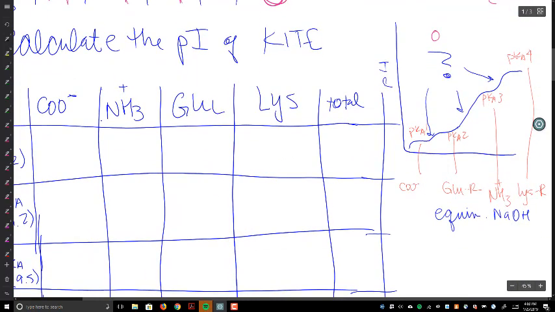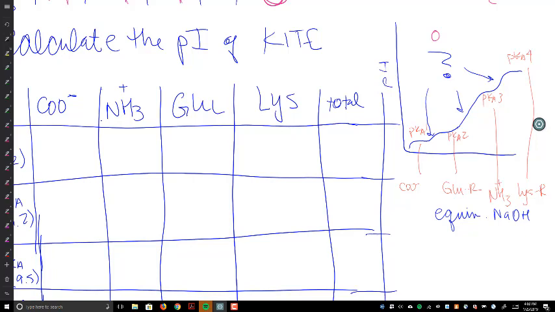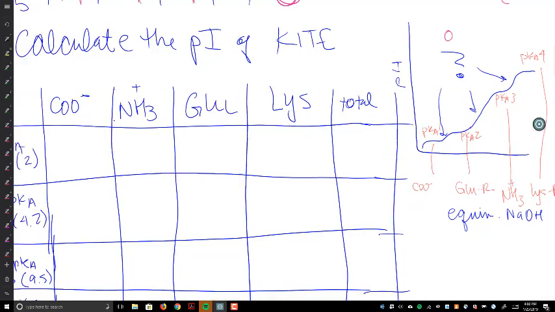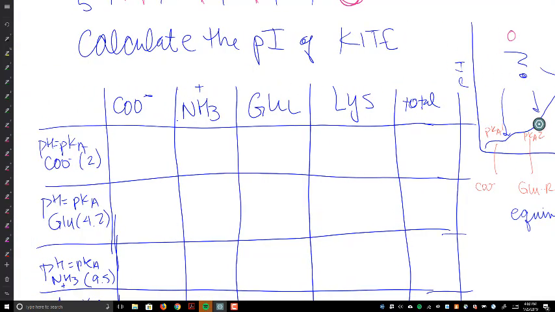But the question is, if we have 4 different pKa's, it's not like glycine where we just know by default. We have to figure out which is which. In order to do that, we have to figure out the charge at each pKa. So when I tell you to calculate the pI of a peptide, you have to know that you have to look at the pKa's. Okay?